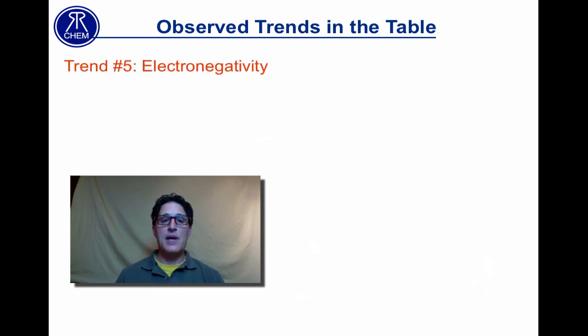Let's look at the next trend. And that is the trend in electronegativity. Electronegativity is a concept that was developed by a very famous scientist, Linus Pauling, winner of 2 Nobel Prizes. Linus Pauling came up with this term to describe an atom's ability to attract an electron pair toward itself.